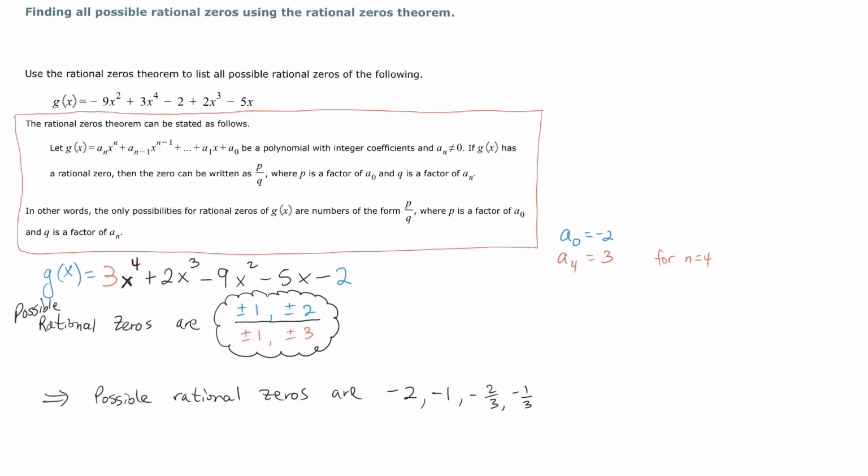What else do we have? We have 1/3, 2/3. We also have 2. Oh, I take that back. I forgot the number 1. So don't forget the 1, and then 2. Yes, those are all the possible rational zeros.